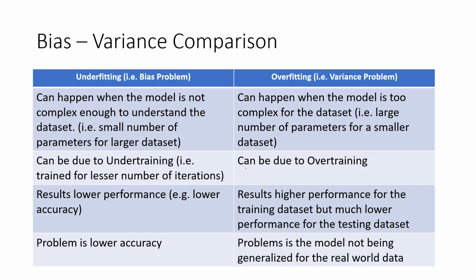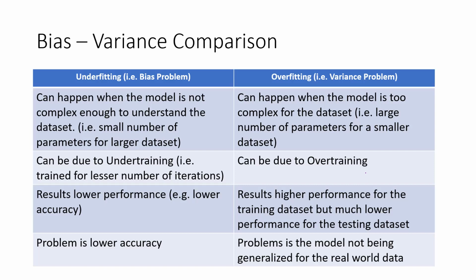This is actually related to much more complex machine learning models like neural networks, right? So if you train it too much, the neural network will fit too much into the data points, and it would cause overfitting, right?